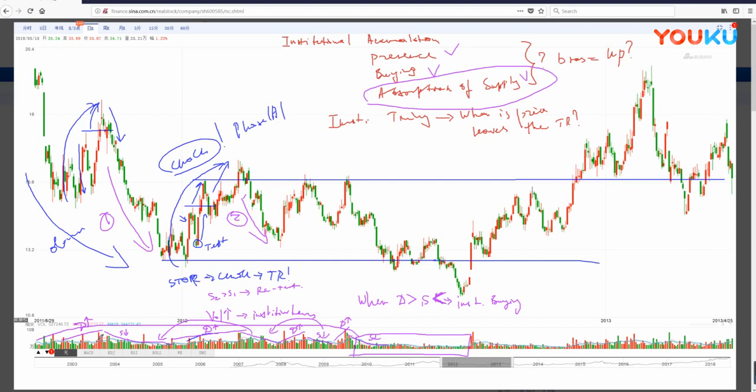So as we go through all of these attributes, that suggests that institutions are buying, they are not selling. Whatever selling comes, it's being absorbed. So therefore, most likely this is an accumulation. We need a confirmation that indeed this is an accumulation, and it comes right on this rally and the reaction. We see that the demand signature is increasing, and also the character of the rally changes.